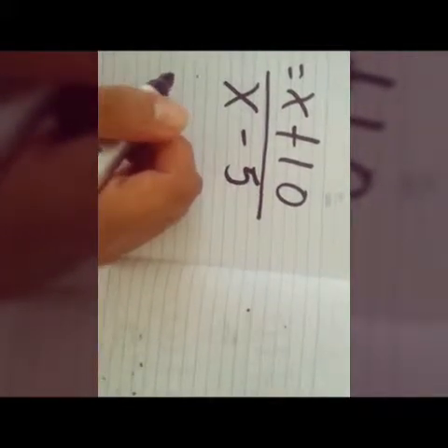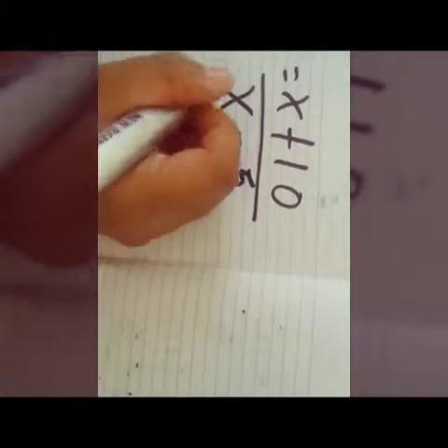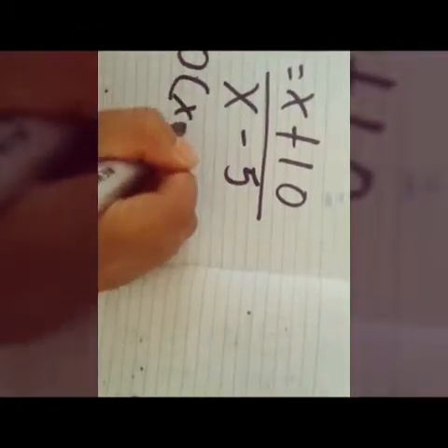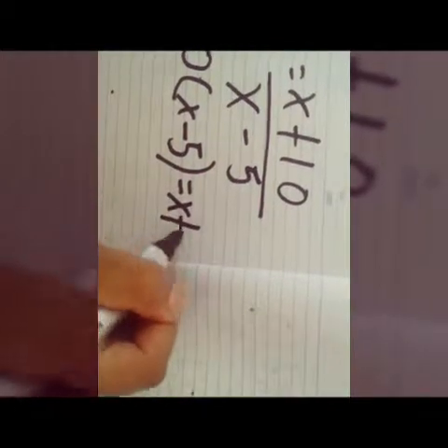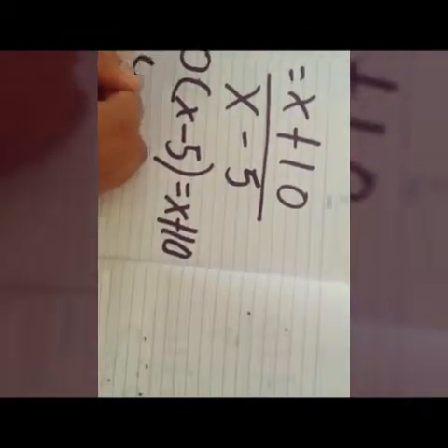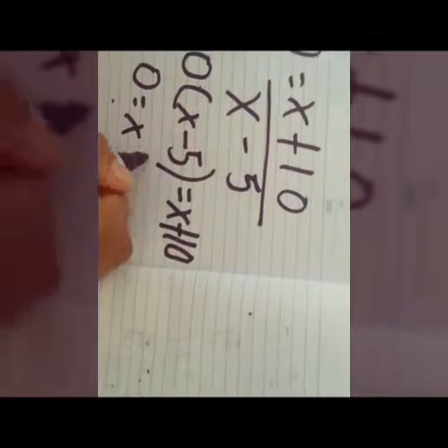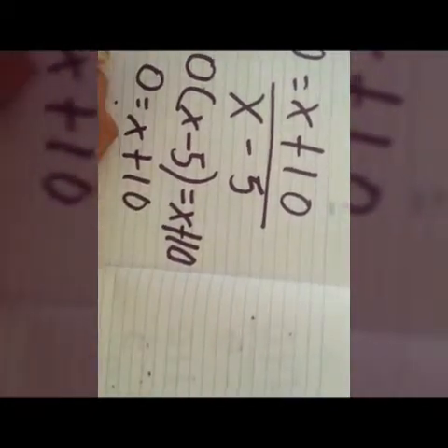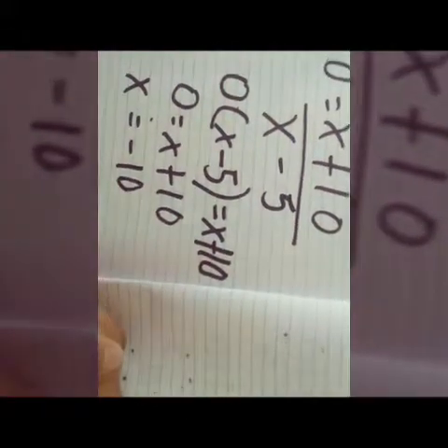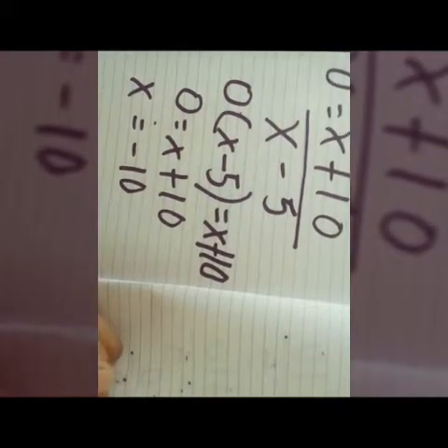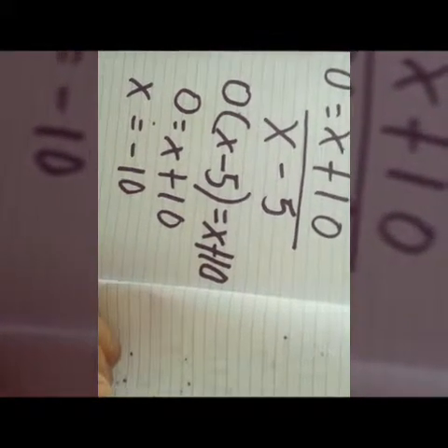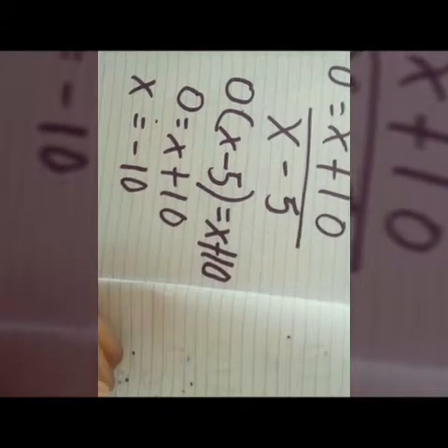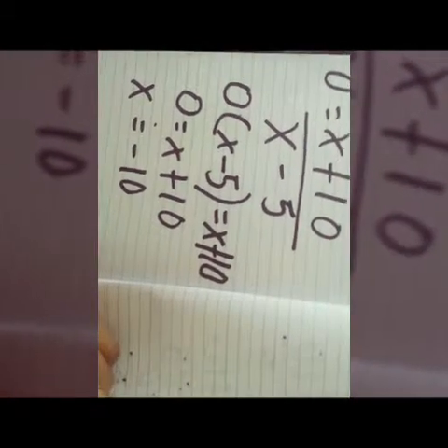And then solve by cross multiplying. 0 times the quantity x minus 5 equals x plus 10. 0 equals x plus 10. The answer is x equals negative 10. There is an x-intercept at the point negative 10, 0. Notice that 0 is the y-coordinate because on the x-axis y equals 0.